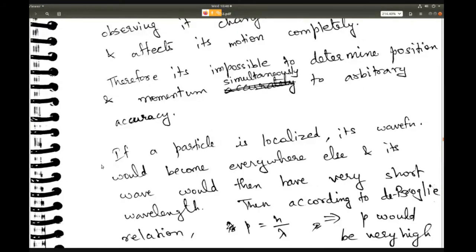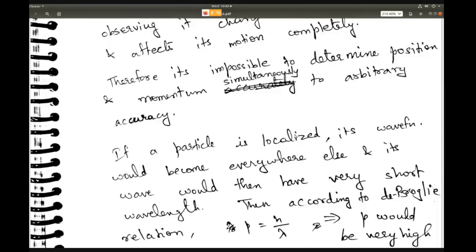Okay, so if a particle is localized, its wave function would become zero everywhere else except for that point, right? Because if the wave function is spread out, it means the particle is not localized.